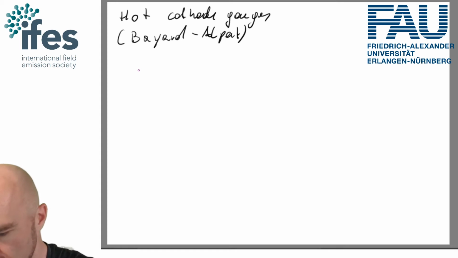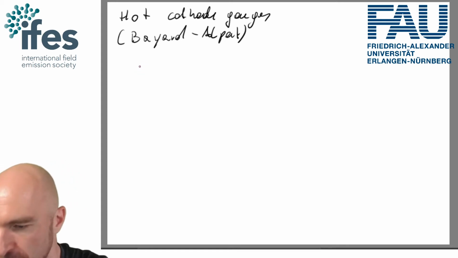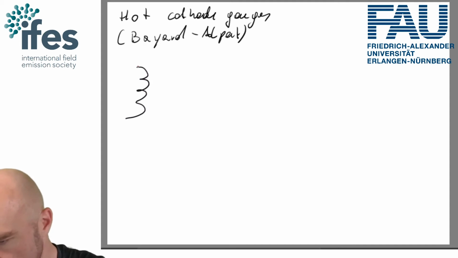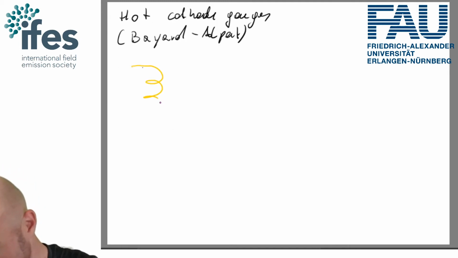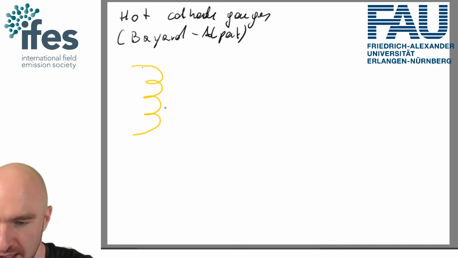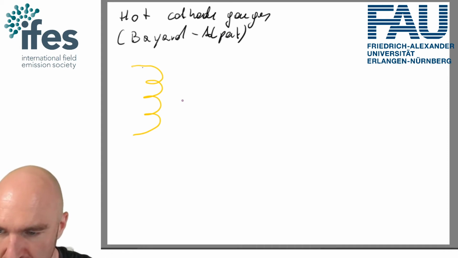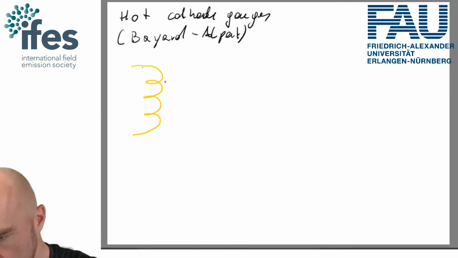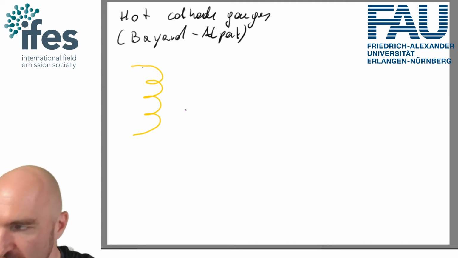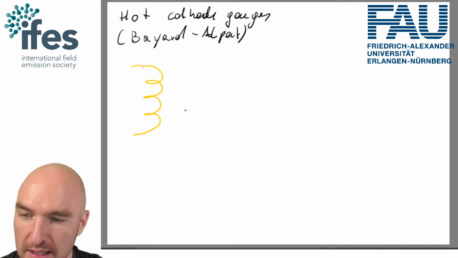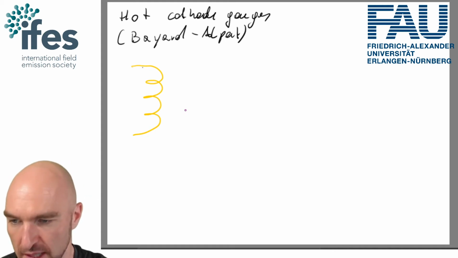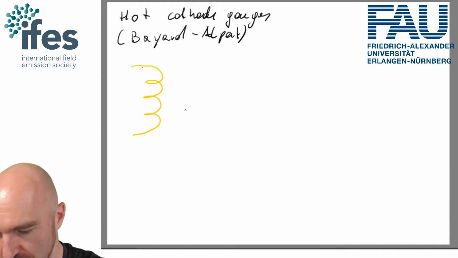And the way it works is essentially you have a coil, a heated coil, and I should probably draw it in a hot color. What the hot filament gives off is actually electrons. So in this case, the hot cathode doesn't directly ionize the atoms, but it only provides electrons. There are other hot cathode gauges where that's a little bit different.